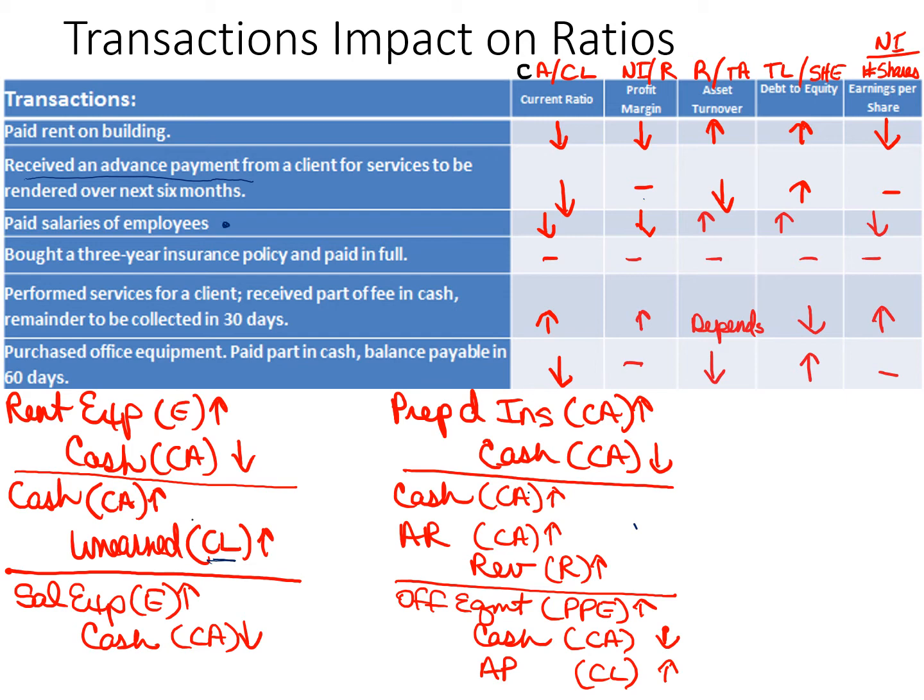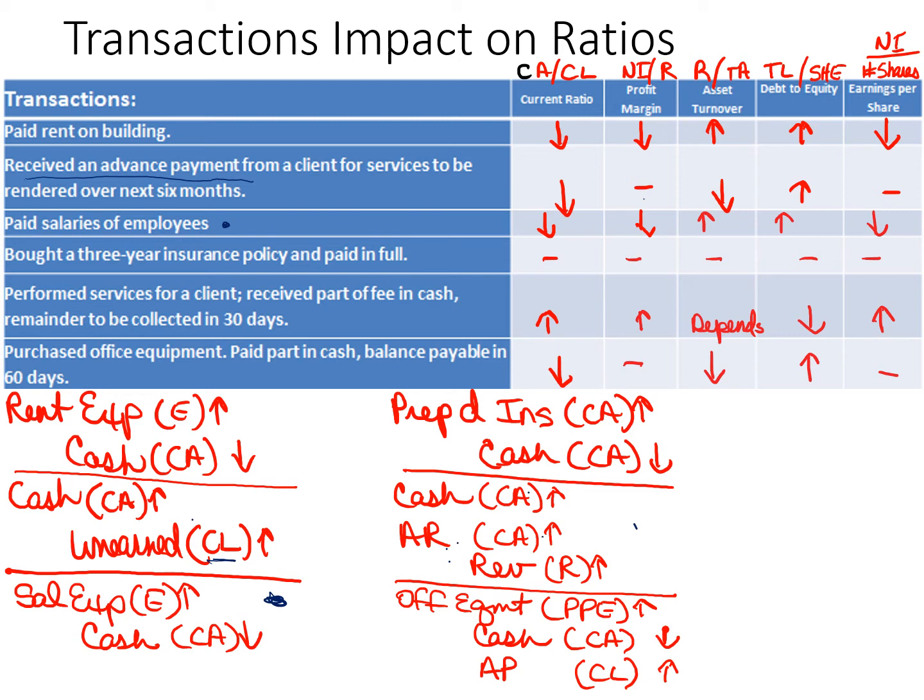Looking at the third one, paid salaries of employees. That means I debited salary expense, so our expenses are going up, our net income is going down, and our shareholders' equity will go down. And I credited cash, so current assets are decreasing, so my current ratio will decrease.